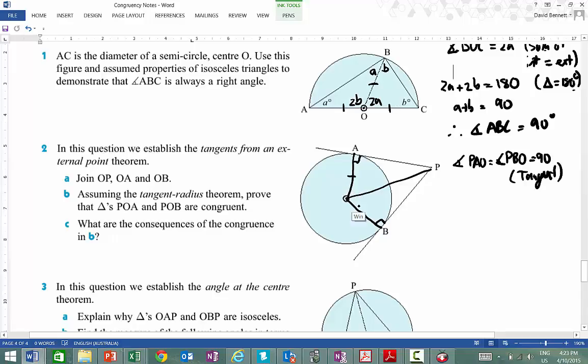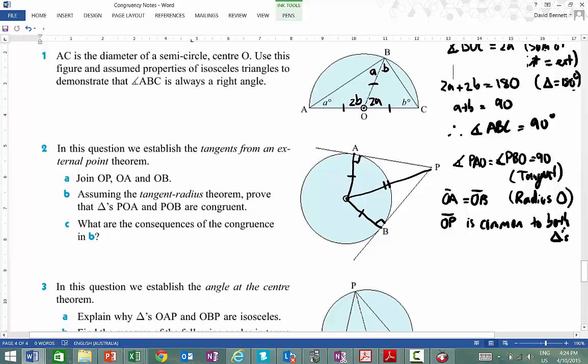We know that the length of OA is equal to OB, and that's equal to the radius of the circle. And we know that OP is common to both triangles. So that's what we do know there.